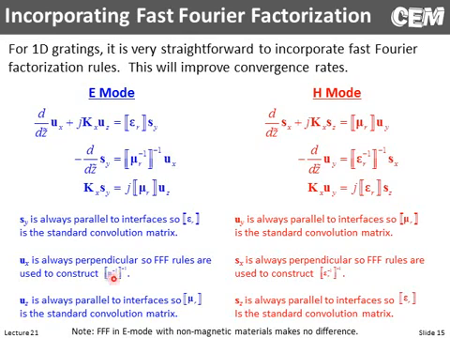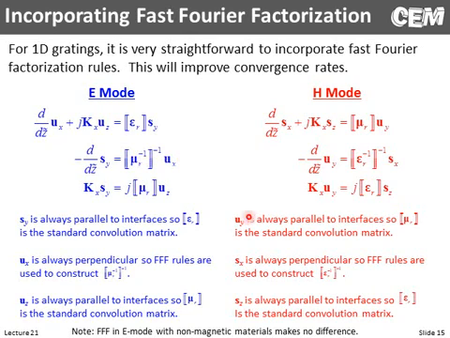So now we're working with 1 divided by the permeability function. We'll take that reciprocal function and construct a convolution matrix. Once we have the convolution matrix, we take the reciprocal again. So I like to just call this the double reciprocal thing, but in fact, this is the convolution matrix we use to incorporate fast Fourier factorization for the E mode.